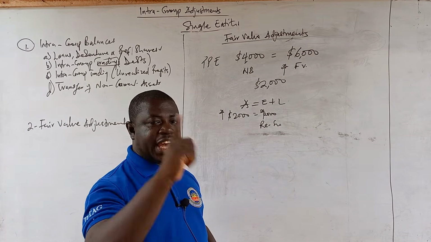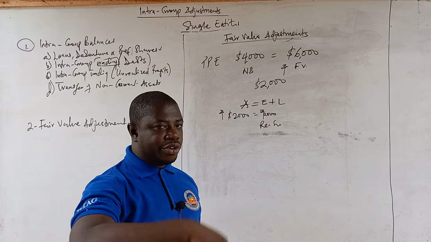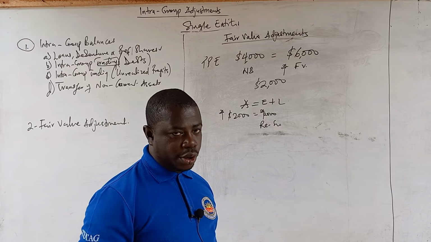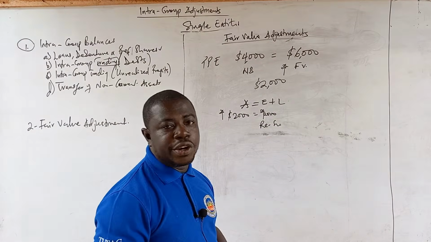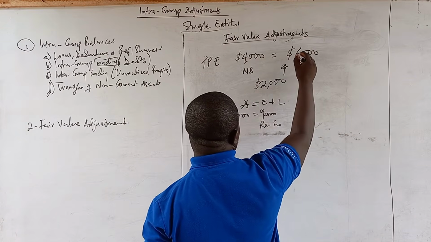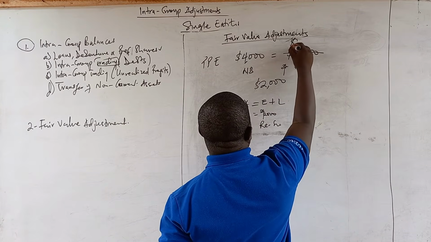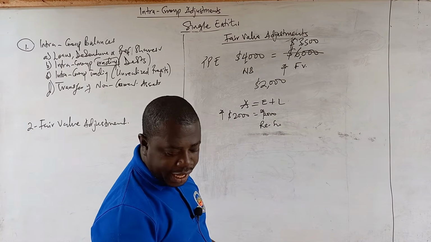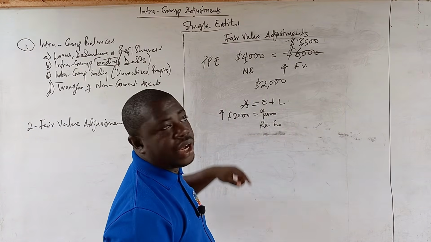Now, if it is a first time revaluation and it is a downward revaluation, according to IAS 16, we don't create a revaluation loss. We rather charge it out of the group income surplus. And so if, for example, this revaluation was not $6,000, but it was $3,500, then what has happened is that for the first time of revaluation, it is a downward revaluation.